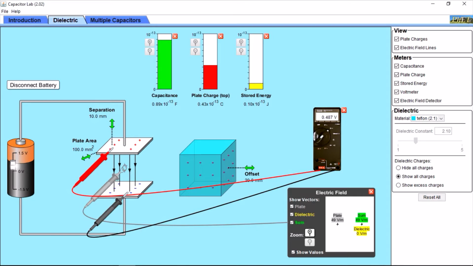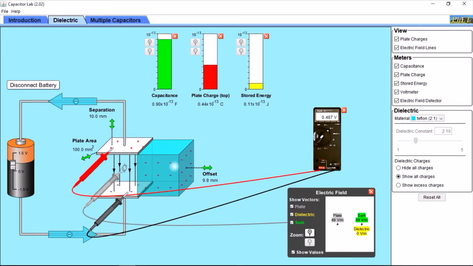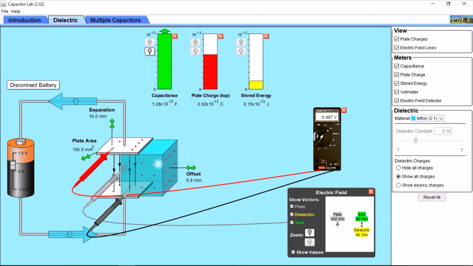Let's see what will happen to the stored energy when we insert a material. For example, I will choose Teflon. When we insert the material in the capacitor, as you can see, the plate charge is increasing and the stored energy is increasing.